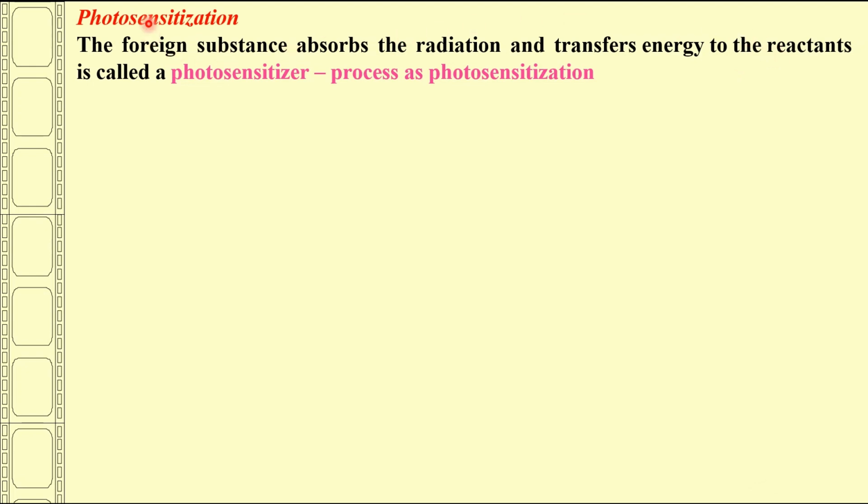These foreign substances which are added are called photosensitizers, and the process of activating the non-absorbing molecule by adding a foreign substance like a photosensitizer and making the reaction occur is called photosensitization.